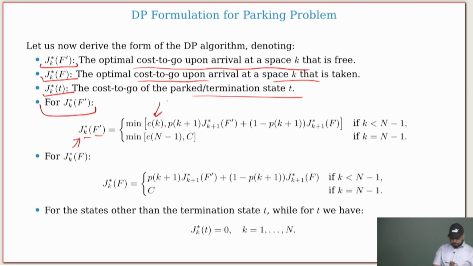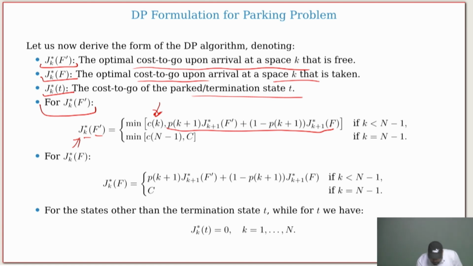This is an estimate you are making: is it a good idea to park now, or do you have some estimate for parking in future onwards? Not necessarily K plus 1, but it could be a completely tail cost.